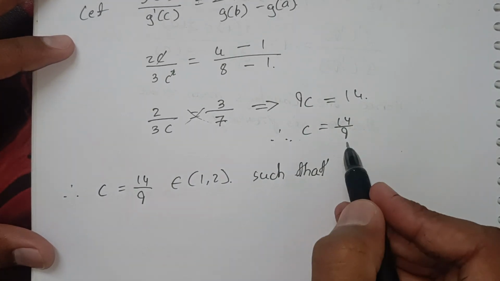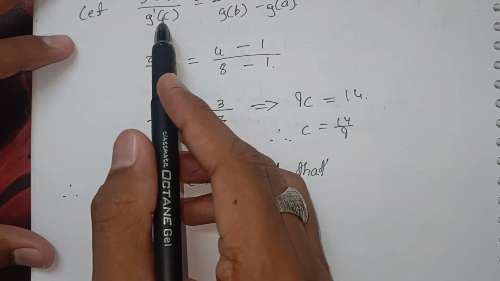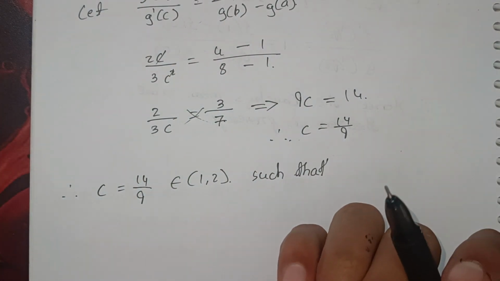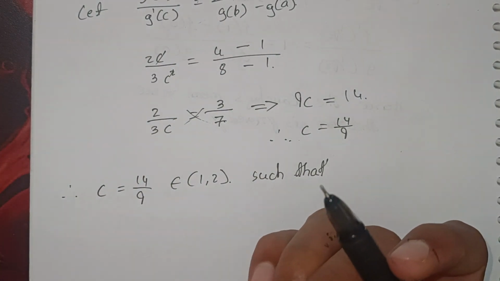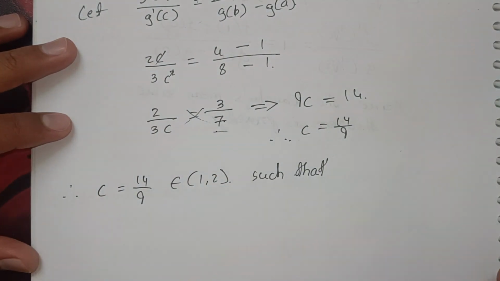Such that after putting the c value into the formula, on both sides, RHS and LHS, we get the value 3 by 7. Here the answer is 3 by 7.